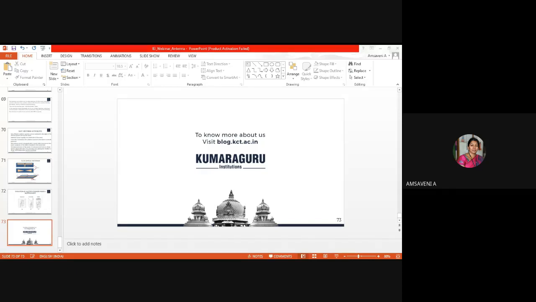Is there any query? Ma'am, can you please explain the fringing field effects? Actually, if you take a microstrip antenna, the width of your patch is smaller than the width of your ground plane. So that makes the fringing effect.